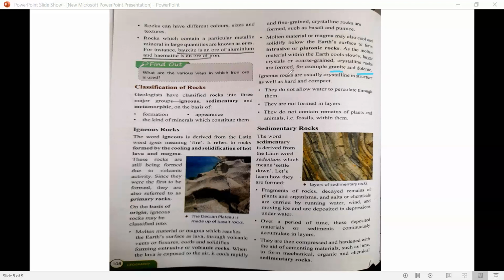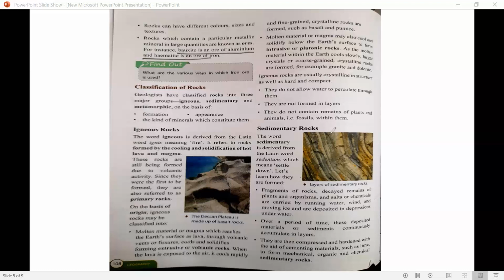Igneous rocks are usually crystalline in structure as well as hard and compact. They do not allow water to percolate through them.